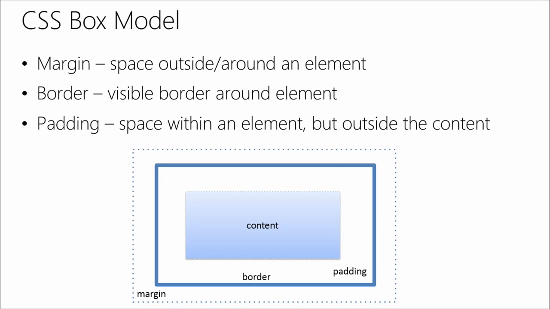And the CSS box model basically describes what are all the components of an element on the page. It's not just the content, right? It's also all the things that go around it. So you can think of the CSS box model as actually just a box. There's some content in the middle, and then between the content and the border, which you can set to a certain style, you could have the padding.